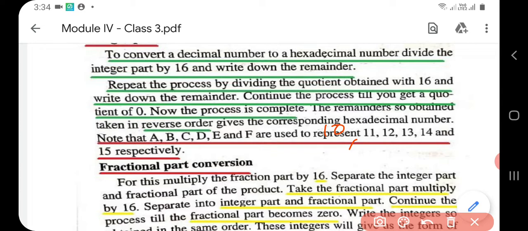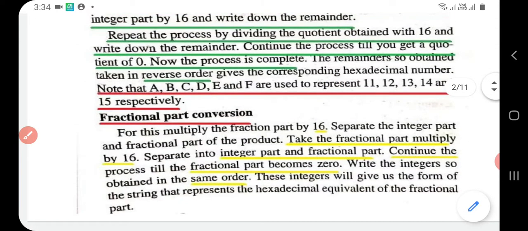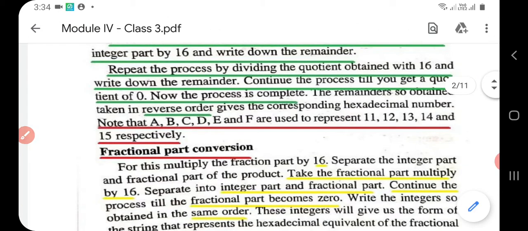A means 10, or 10 means A. Then 11 is B, 12 is C, 13 is D, 14 is E, and 15 is F. So this 10 is missing in your textbook, so please make that correction in your note that I have uploaded.